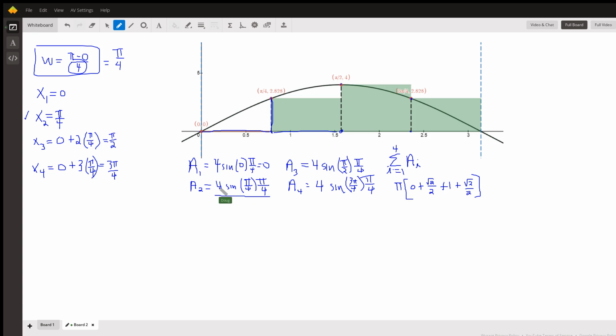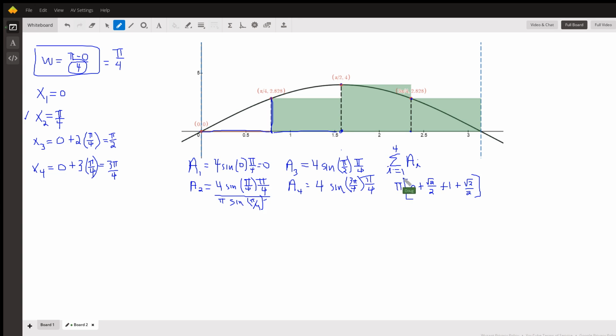Now you could picture 4 times pi over 4 is just pi. So you can visualize this as pi times the sine of pi over 4. And that's the case with these other 2 rectangles also. 4 times pi over 4 is just pi. And so we have to evaluate the sine of pi over 2, the sine of 3 pi over 4.